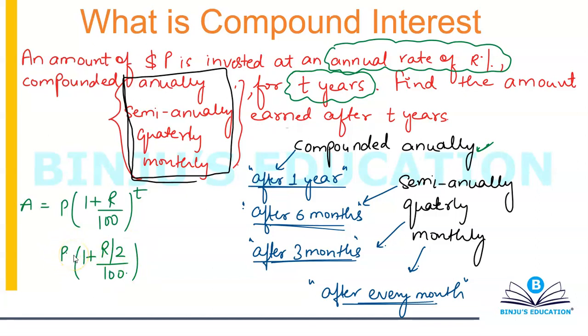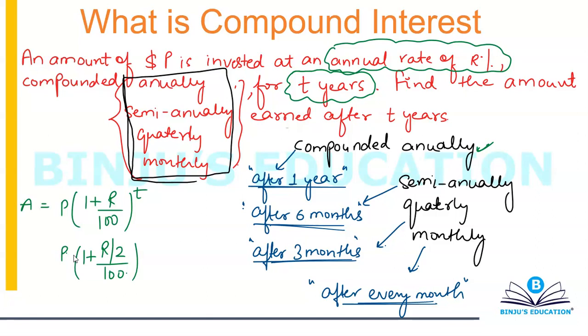Now, the second change is in the time period. You have a time period which is in years, but you are receiving interest after every 6 months. In 1 year you have two 6-month cycles.